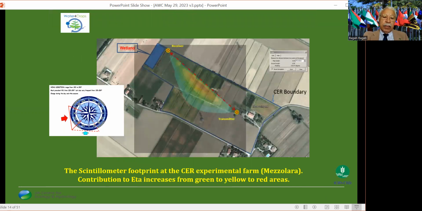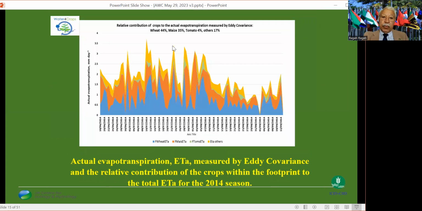And we can do analysis of the footprint between the transmitter and the receiver. That footprint analysis allows us to identify how much of the evapotranspiration came from each crop on the transect. So, for example, here wheat, maize, and tomato, their contribution to the total evaporation can be identified by analyzing the data of the scintillometry.